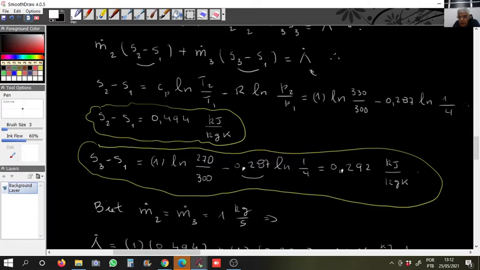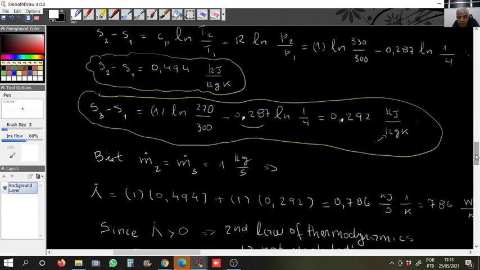Look, S3 minus S1 is the intensive, not the extensive property. That's why I have kilogram over here. Kilojoule per Kelvin is entropy, and per kilogram it is an intensive property.